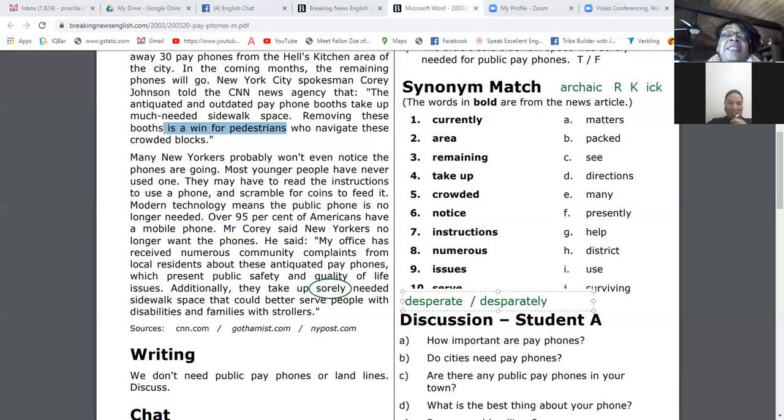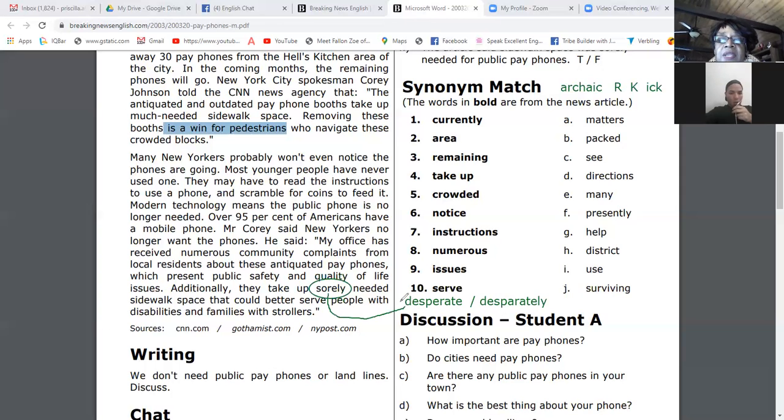I thought you may think it means when you have an injury and your skin is damaged, that would be a sore that you might need to take medicine to cure. But this isn't what it means here. Sorely means something that's needed urgently, desperately, but not as if it is an injury. So the meaning of the word is different according to the context. That is correct. Okay, I got you.